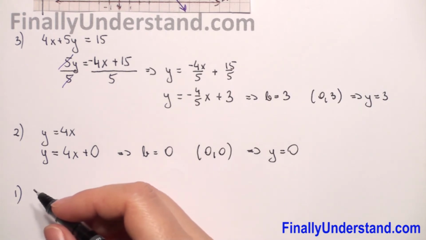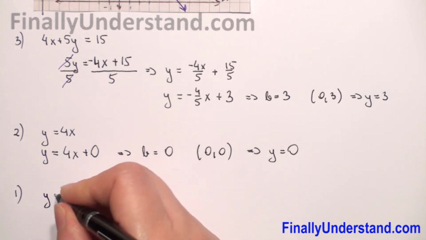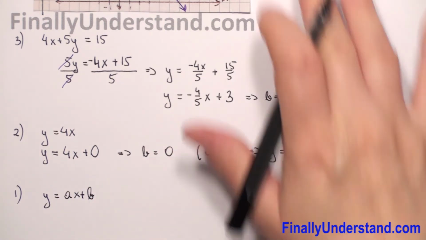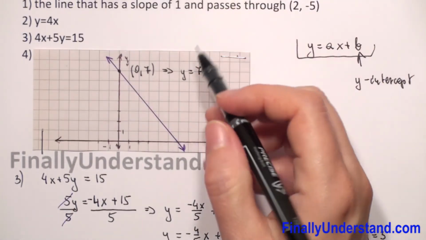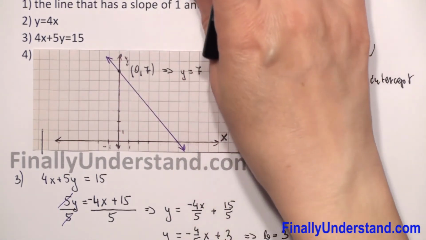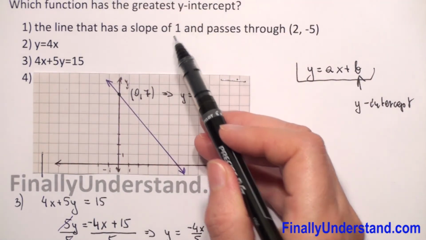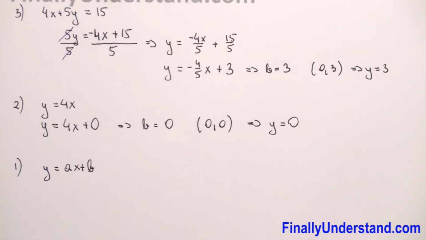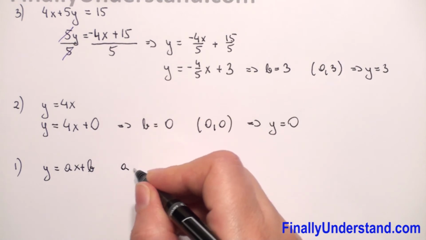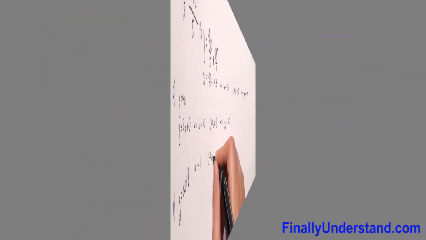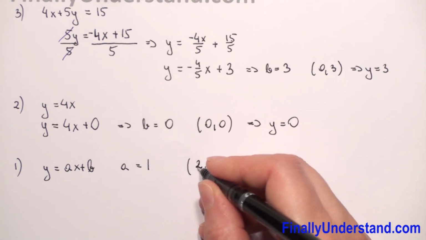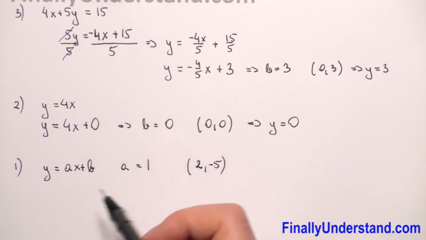So the graph of a linear function is a line. This is y is equal to ax plus b. The slope is 1, and the slope is always the coefficient before x. So we have been given that a is equal to 1, and we have also been given that our line passes through point (2, negative 5).